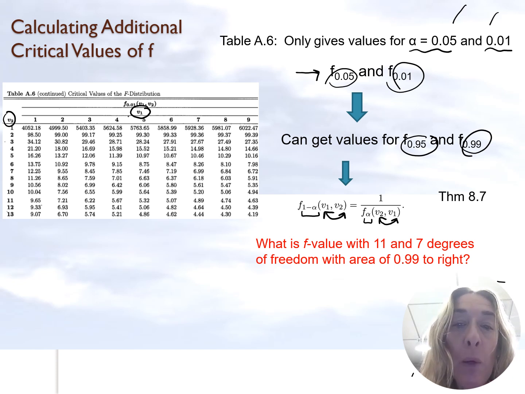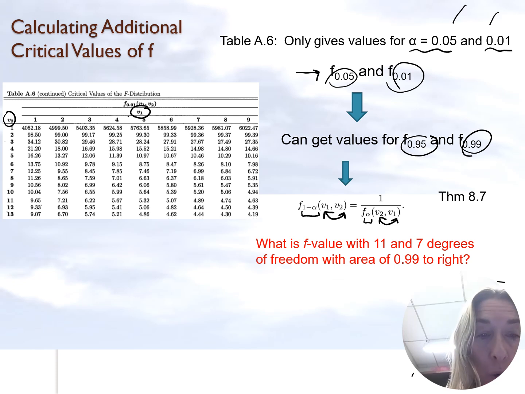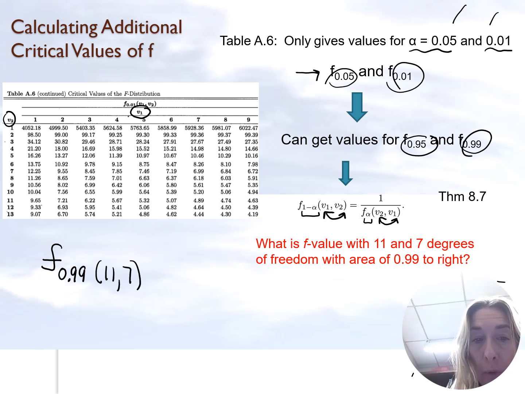Say we want to determine the value of F having 11 and 7 degrees of freedom and an area of 0.99 to the right. So what we're trying to find is F of 0.99, 11, 7.